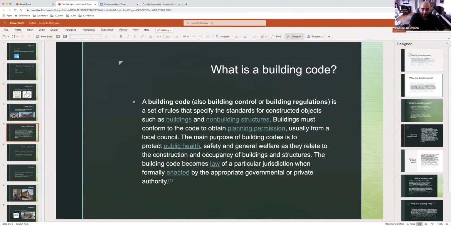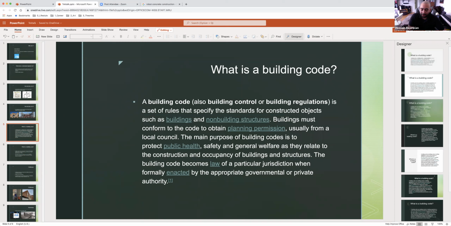This is a Wikipedia quick description: basically the standards that are required to build buildings that are safe and protect public health and safety and general welfare as it relates to construction and occupancy of buildings.